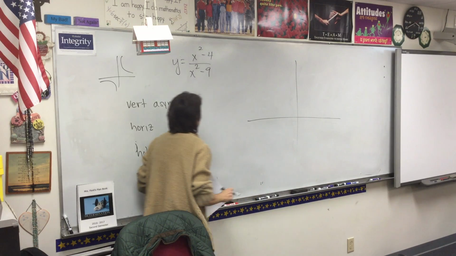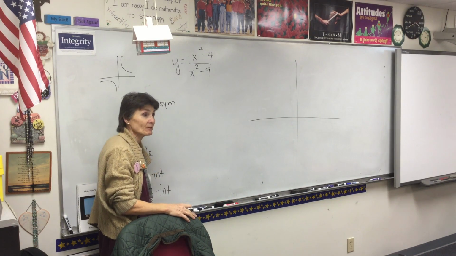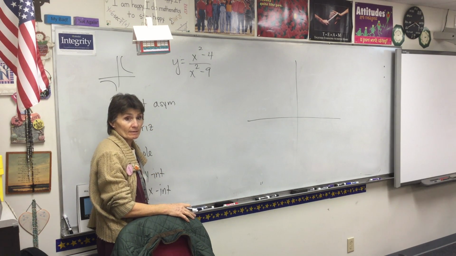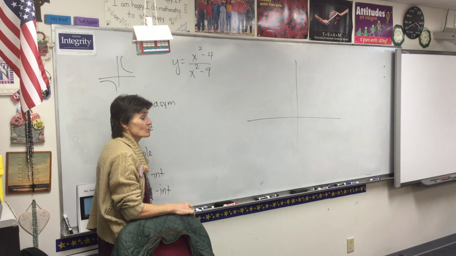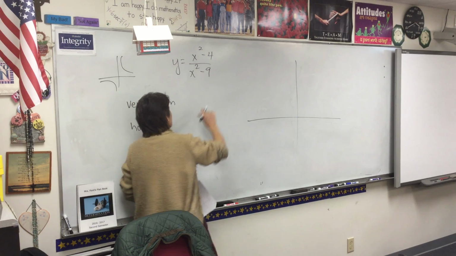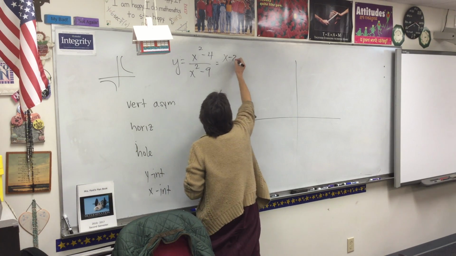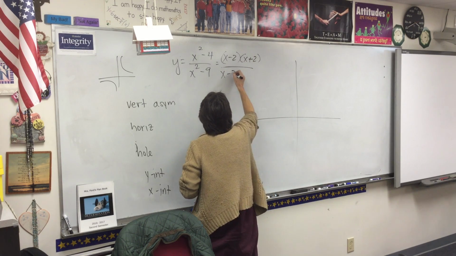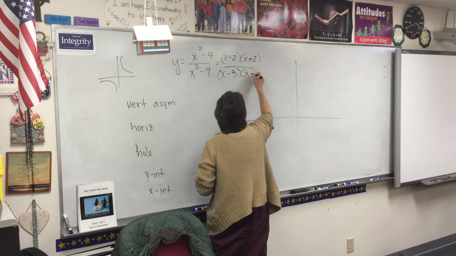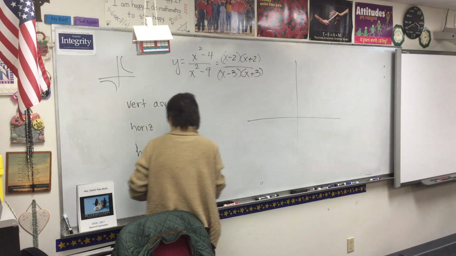Well, there's squares in there. I'm not going to square root it, but I can factor it. And factoring is the first step to getting some holes. So I'm going to factor it, and if anything cancels, we will have our first hole. But I don't think anything's going to cancel, is it? No. Okay, so there's still no holes.